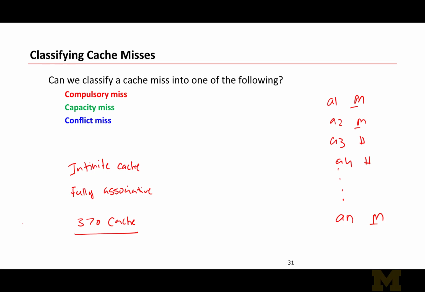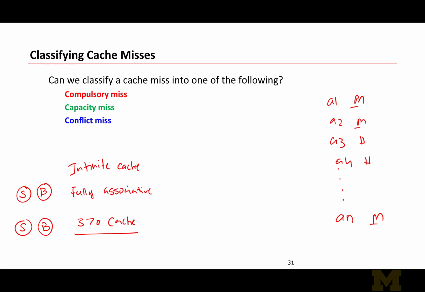So let's say the size is S for the 370 cache, the size is S for the fully associative cache. Let's say the block size is B for your 370 cache, the block size is B for the fully associative cache.